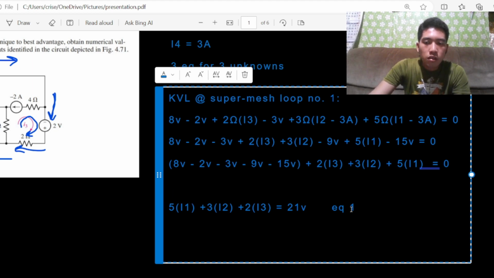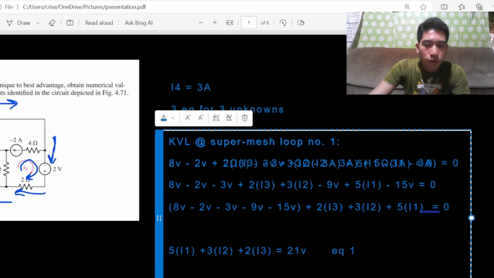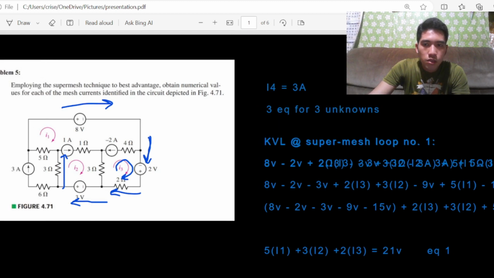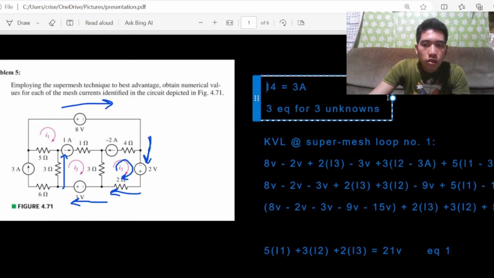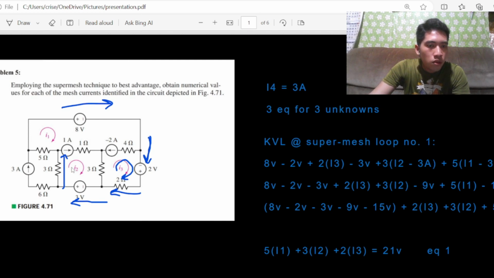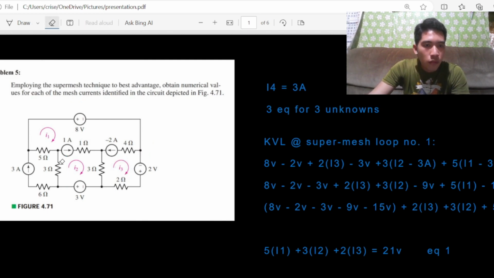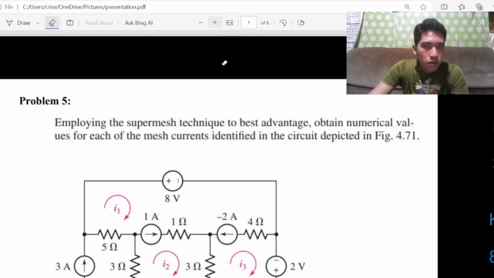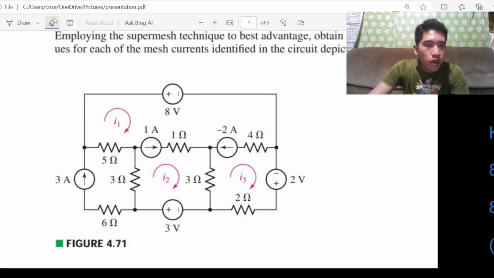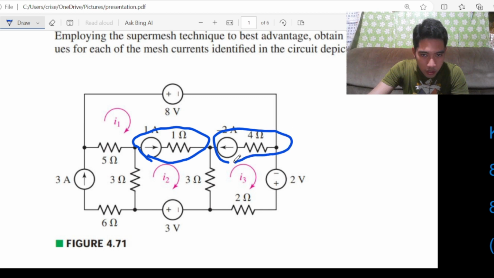So after finding out our equation number 1, we will then solve for 2 equations since we're looking for 3 equations for our 3 unknowns. So let's erase this. We can see that we have a super mesh equation in this position and also in this position.